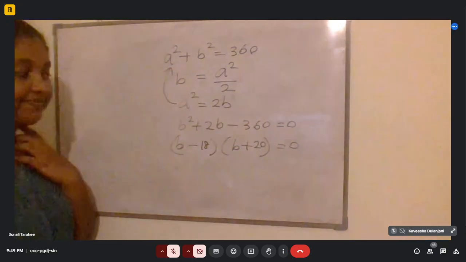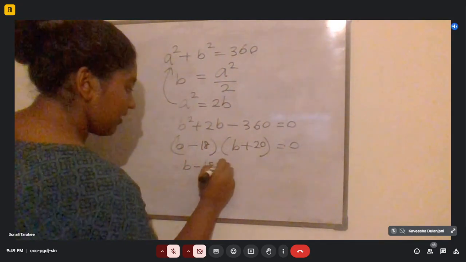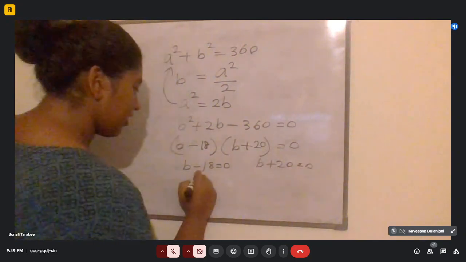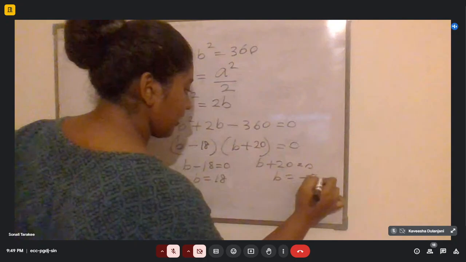Like this. So you can equate b minus 18 equals 0 and b plus 20 equals 0. Then you get b as 18, b as minus 20.